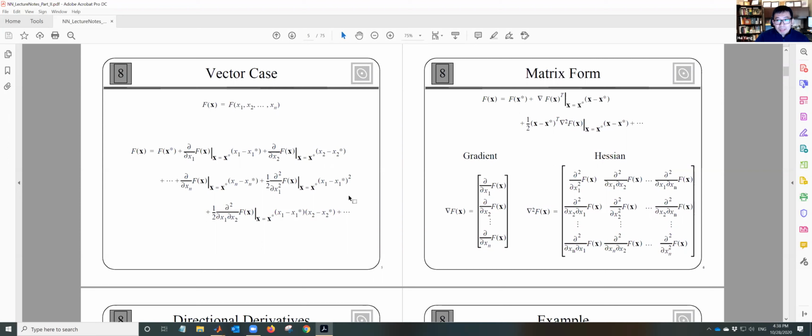Some people may argue you need to go to the third order or fourth order, right? But second order already gives you, I mean, you can have a very complex surface, but as long as you give me X star, in a particular local area, I can use the second order approximation to approximate it very well. Do you guys agree?